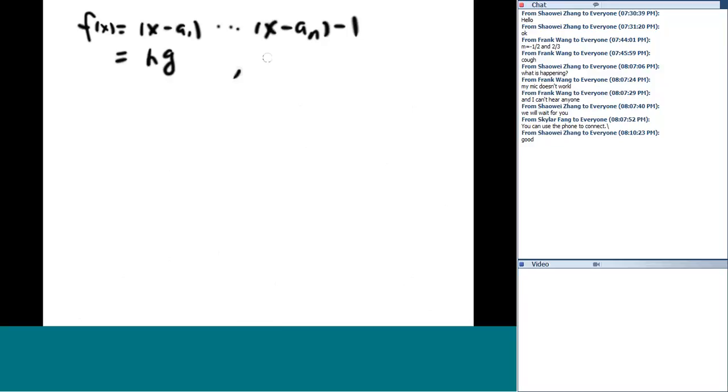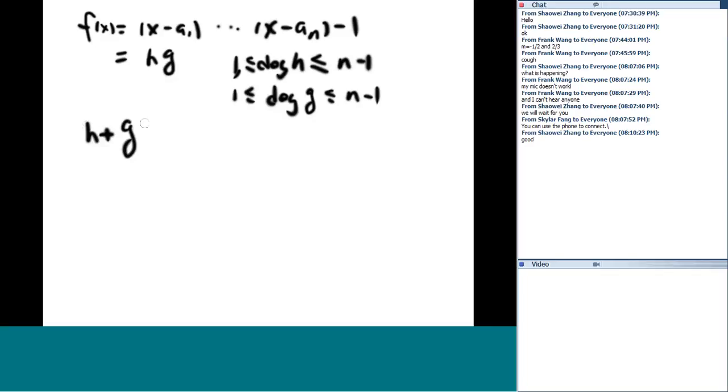So the degree of h will be less than n minus 1, and the degree of g is also less than n minus 1. So we also have h plus g, this polynomial, equal to 0 at ai, for i equal 1 to n, right?